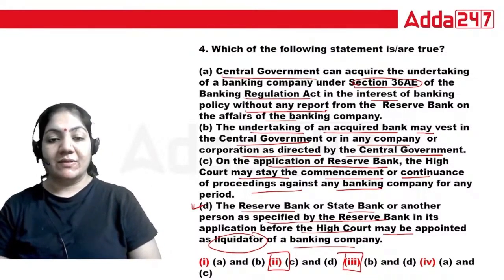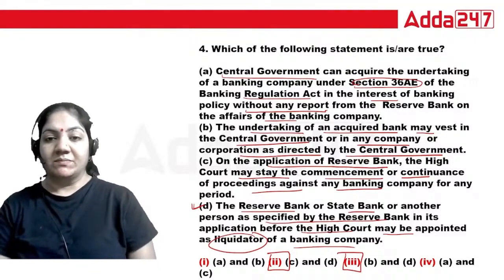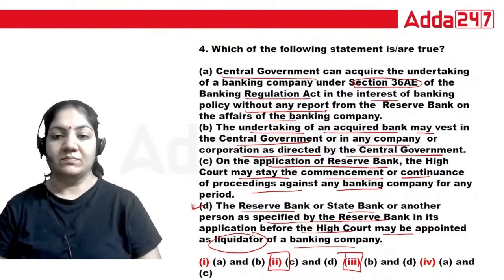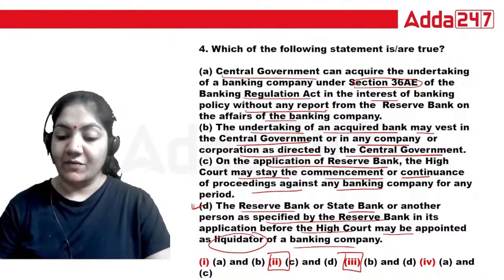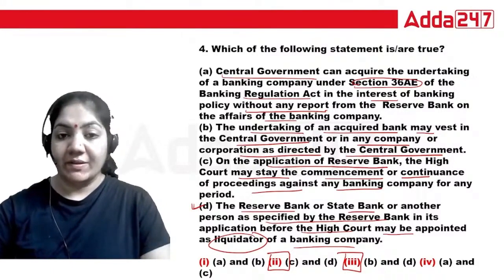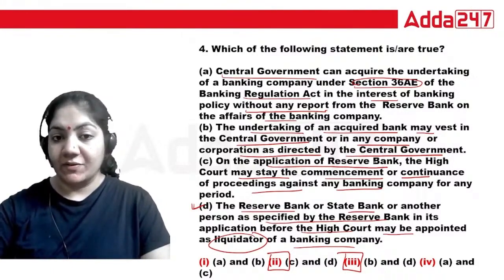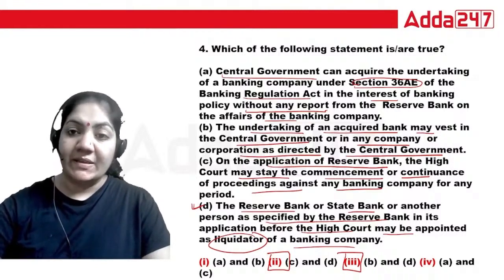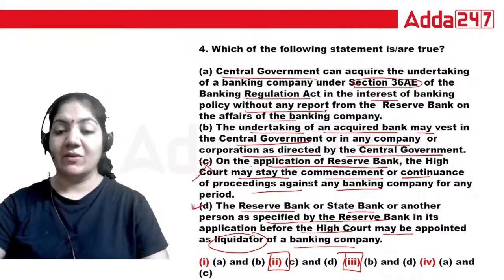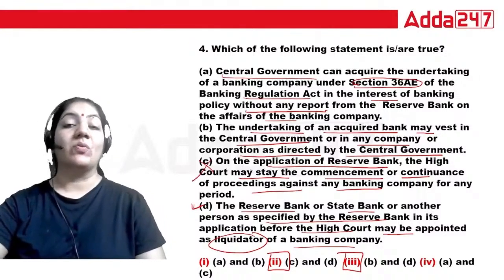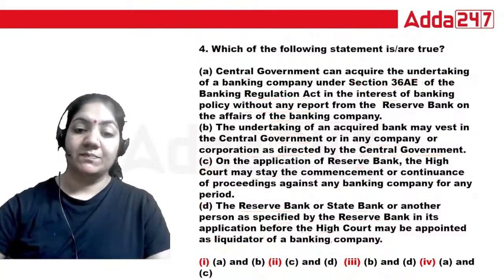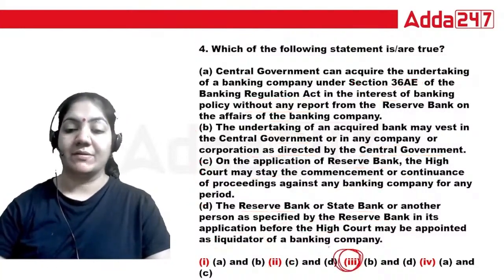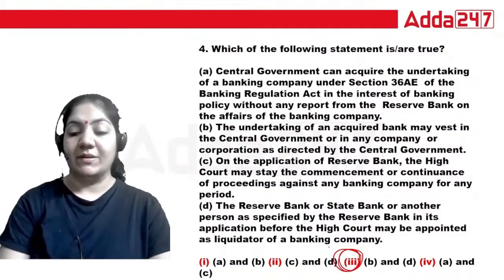Now you have to see points B and C. On application of the Reserve Bank, the High Court may stay the commencement and continuance of proceedings of any banking company. This is not the right answer, B, because the High Court does not have that power. The High Court has power only for winding up. So for this question, the third option will be the right answer.